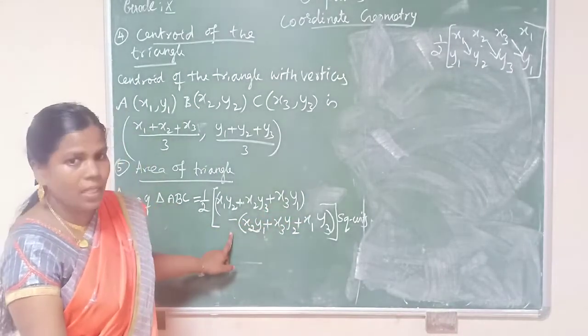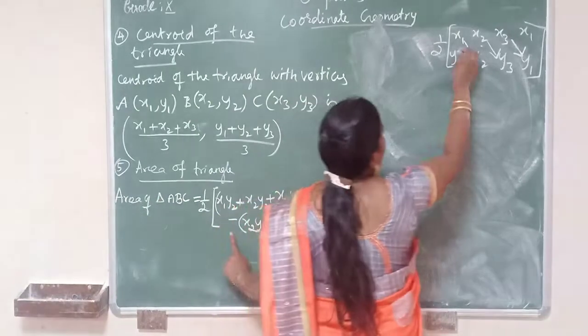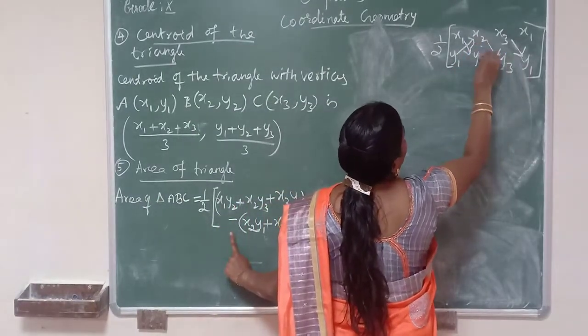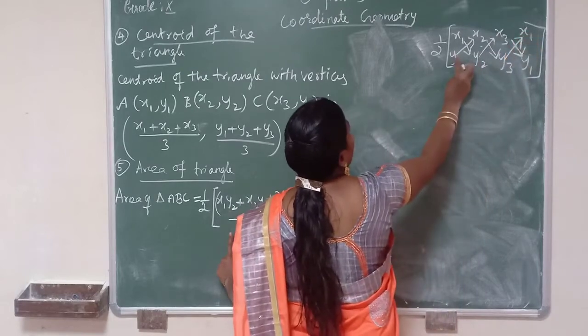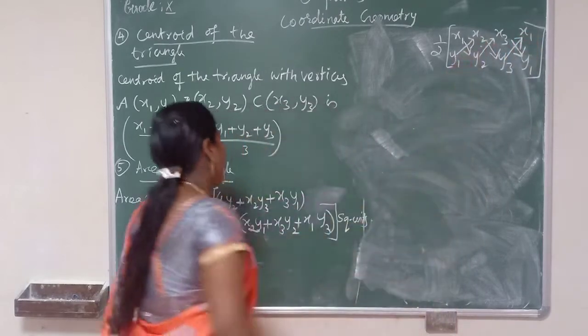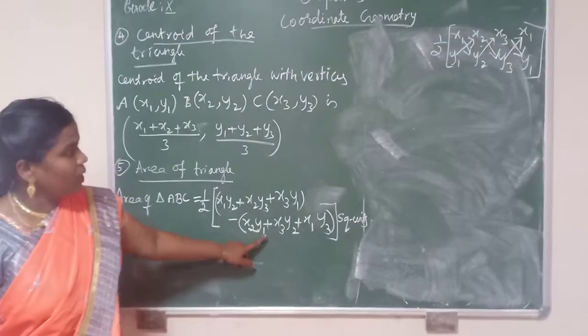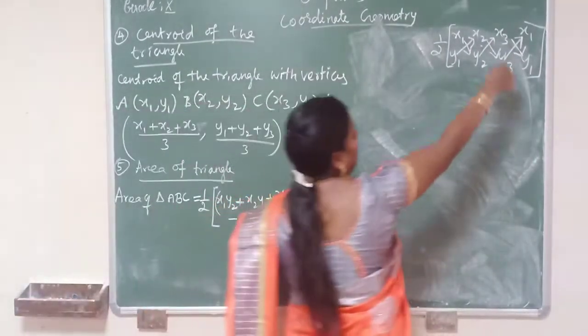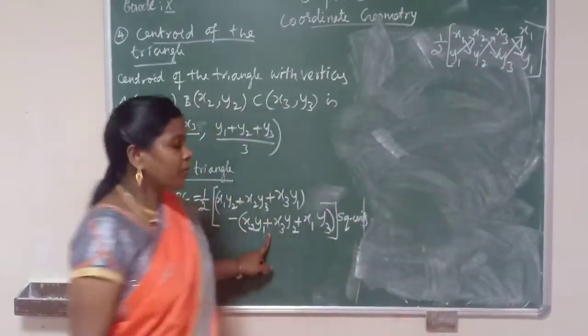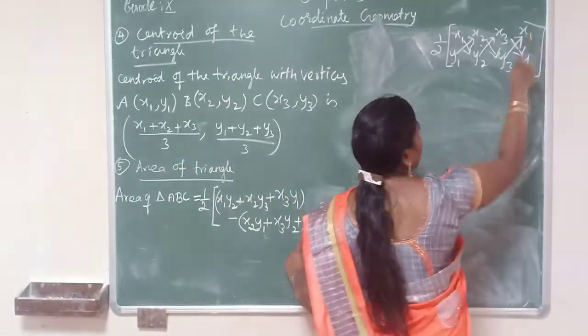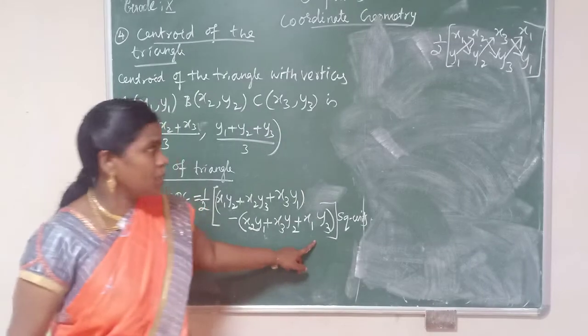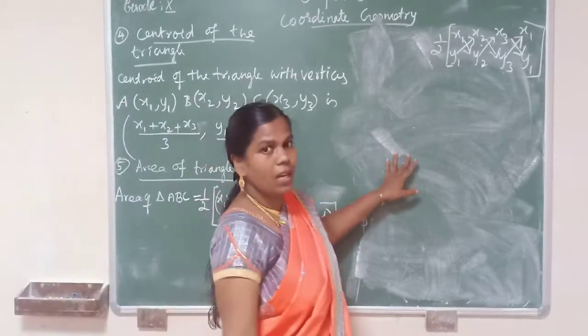Then minus, after that these 3 terms: y1 x2 plus y2 x3 plus y3 x1. Here y1 x2 means x2 into y1, then plus next term x3 into y2, again plus next term x1 into y3. So if you use this pictorial form, you can easily learn it.